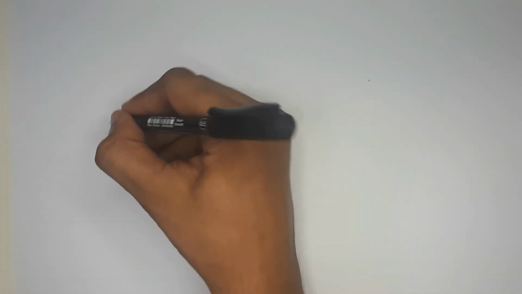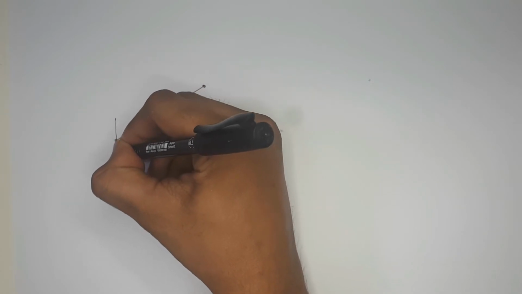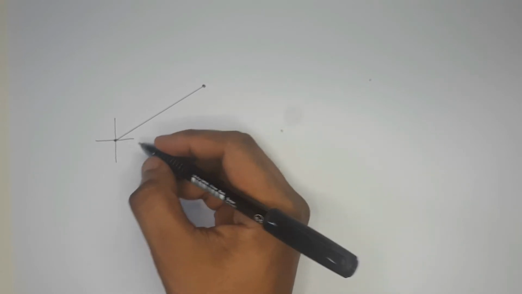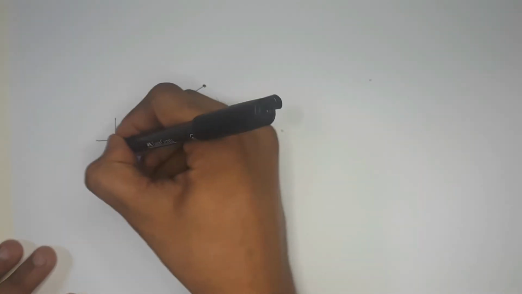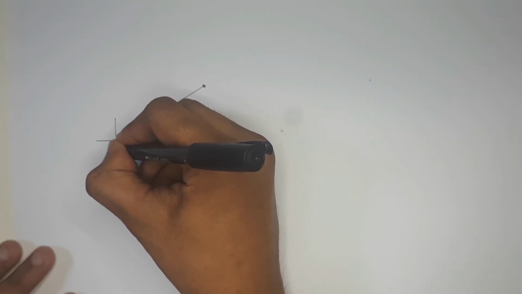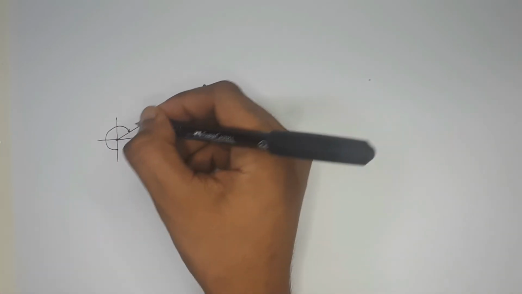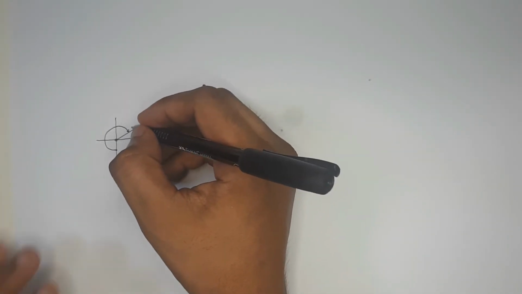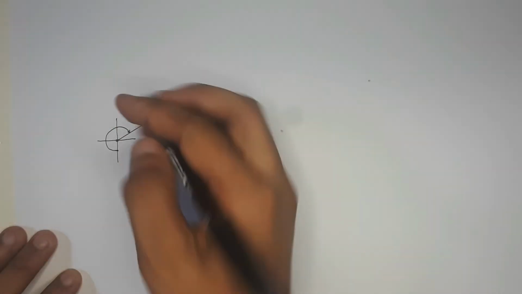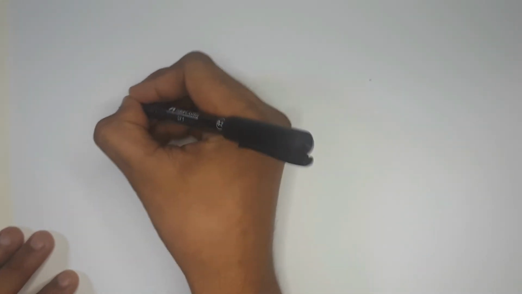So for our initial point, we will draw our north, south, east, west lines and our azimuth. So our azimuth will start on the south branch of the meridian, so from this point to this line. Since this is our initial point, this azimuth here will be our forward azimuth.